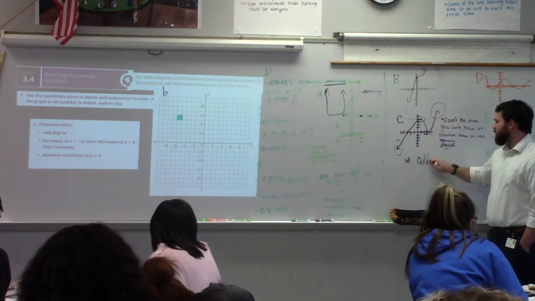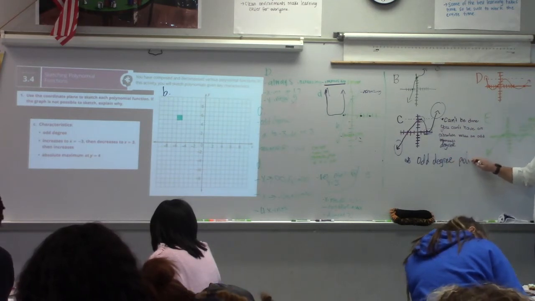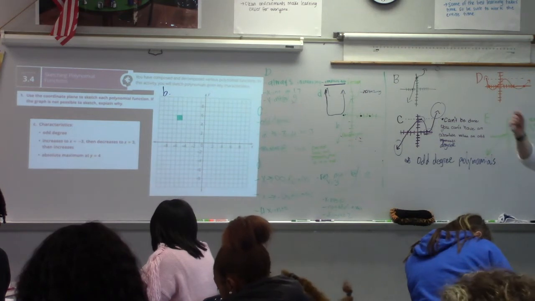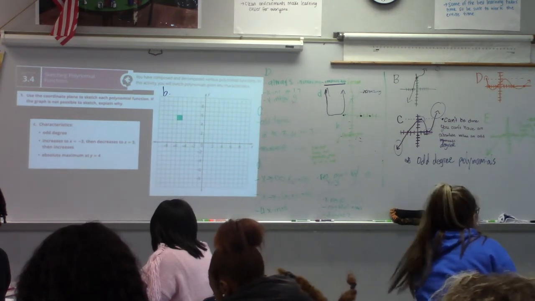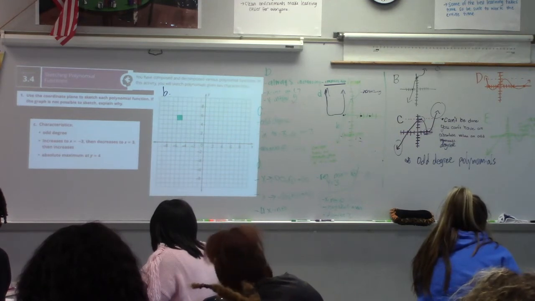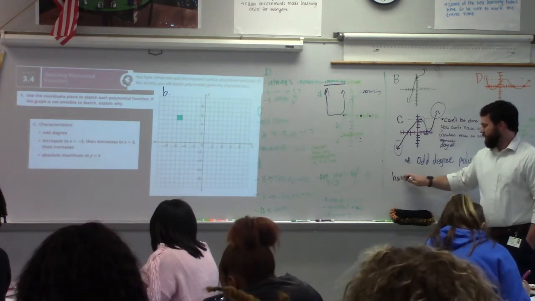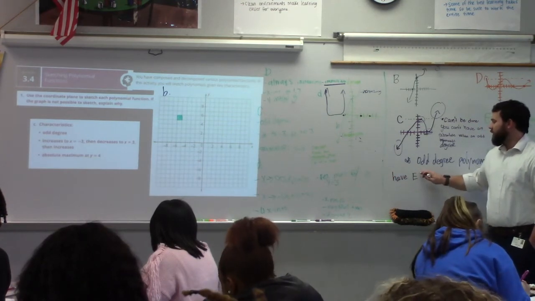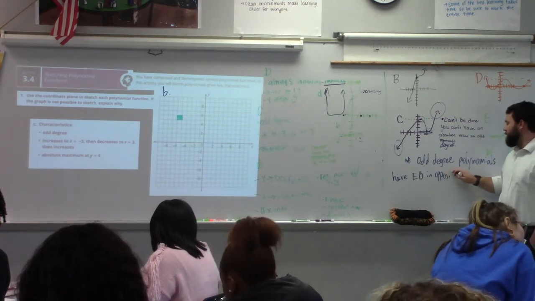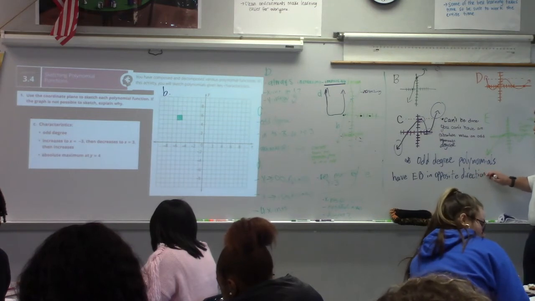Odd degree polynomials, like what is it that we're really focused on that's telling us we can't have an absolute max or min? What about that odd degree polynomial? The odd degree tells you that the end behavior is going to be in opposite directions, right?